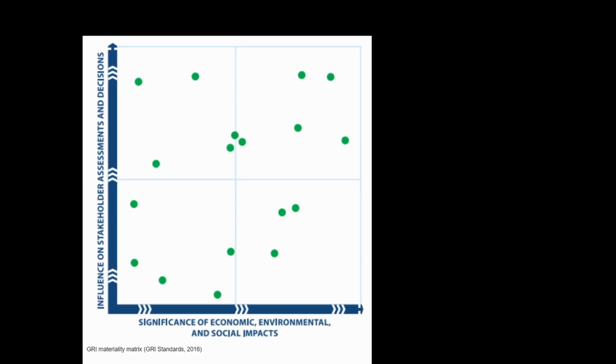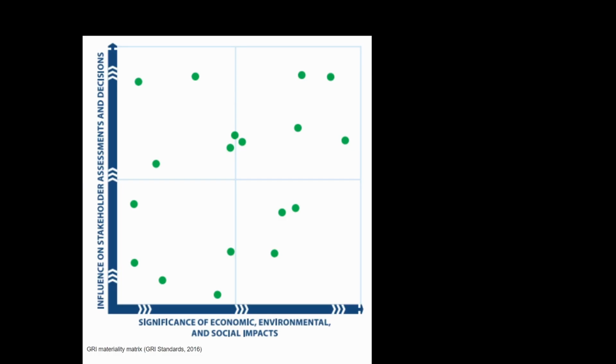How important is it to the stakeholder, and how impactful is the topic for the company? It was a two-perspective materiality assessment. There were two variables, and each topic was measured against those two variables. So it made perfect sense for a topic to be mapped in a matrix form under the GRI 2016 standards.